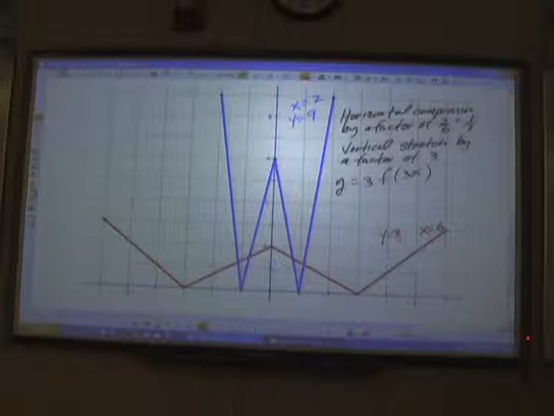Again, always keep in mind that the horizontal compression or stretch factor is always the reciprocal of what goes inside the parentheses in function notation. So we had a horizontal compression by a factor of 1/3. So we would write 3 times x within the parentheses. So our function would be y is equal to 3 f of 3x.